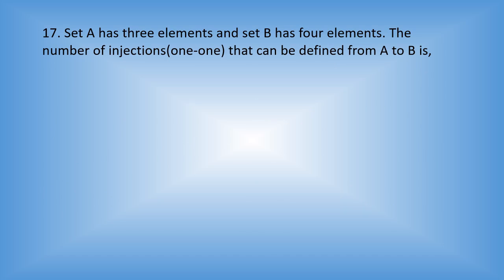The number of injections, or injective mappings, or 1-1 mappings that can be defined from A to B is. So we know that if the set A has m elements and set B has n elements such that m is less than n, this is also a time saving result, then the number of 1-1 functions from A to B is nPm, permutation.